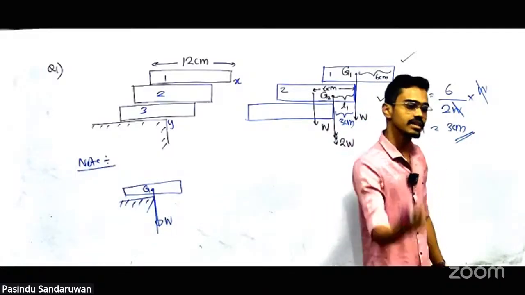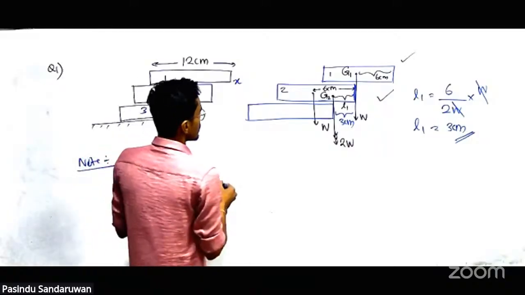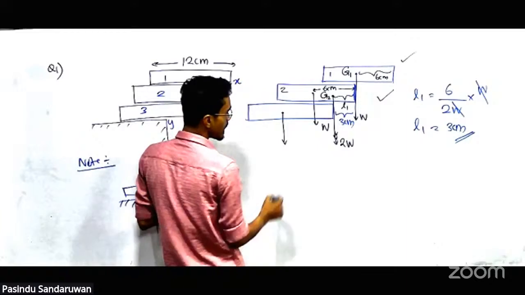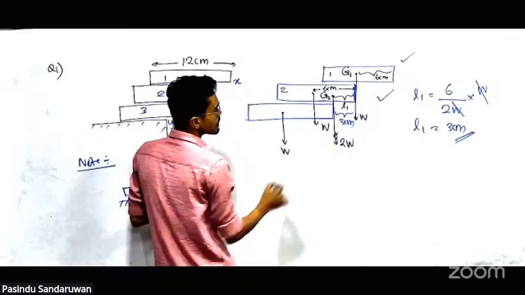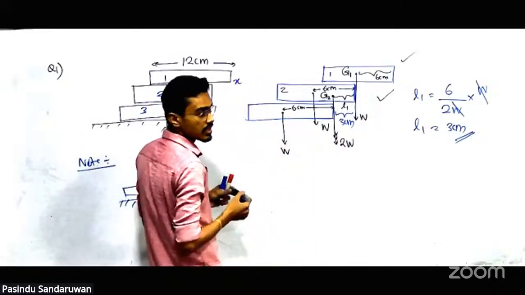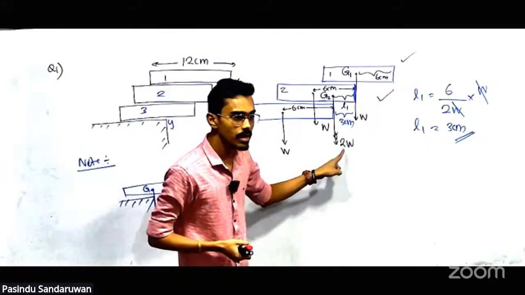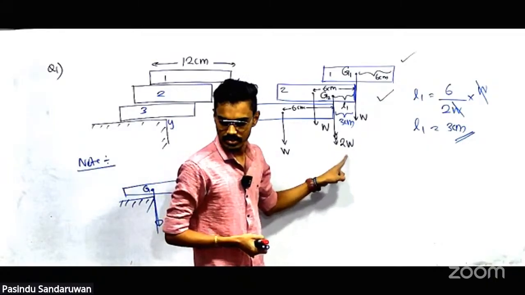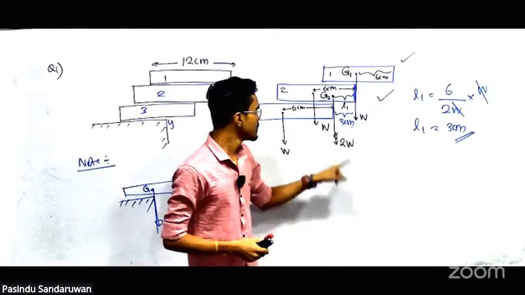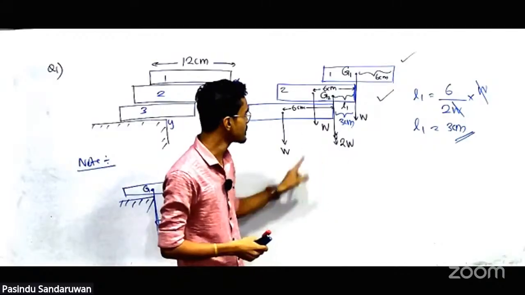Now go to the third book. The center of gravity of the third book is at its center, W. That is also 6 centimeters from this edge. Now for the third book, already a force of 2W acts at the edge. Then I'm going to find the resultant center of gravity, where the resultant weight acts.